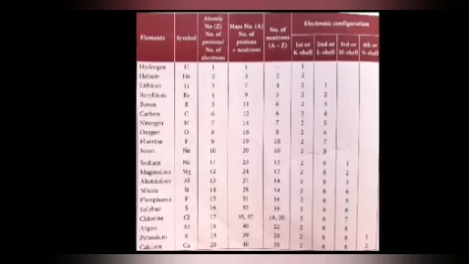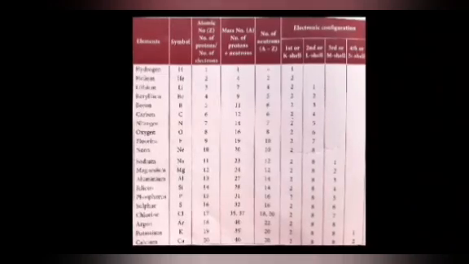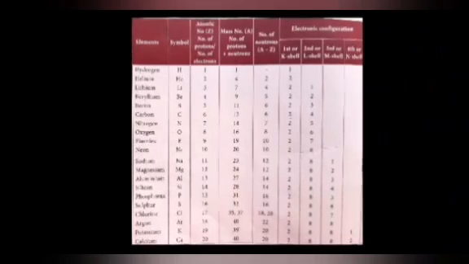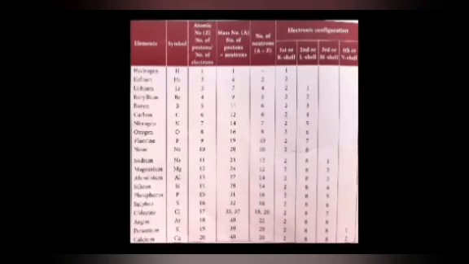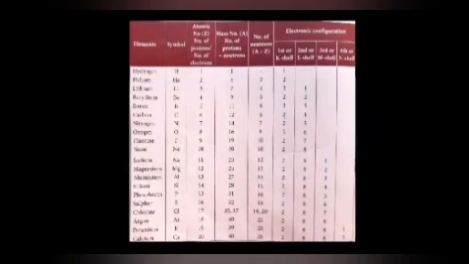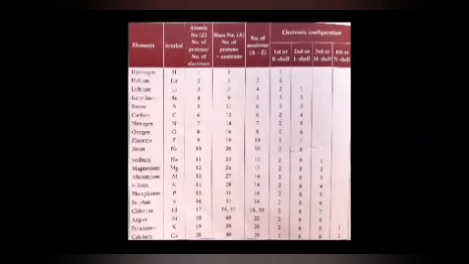In this picture they have given the first 20 elements. I said there are 118 elements in total, but in your book they have given the first 20 elements, their symbols, which you know very well, their mass number and atomic number, and whether the electrons are in the first shell, second, third or fourth. These are given in your book, so recall this.